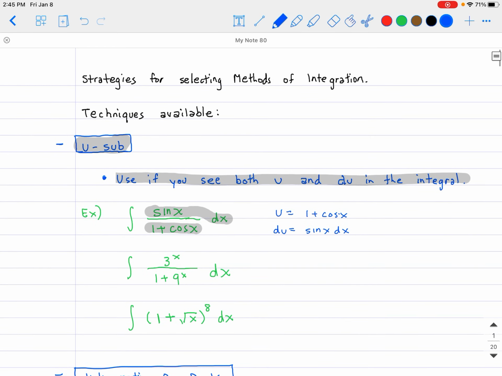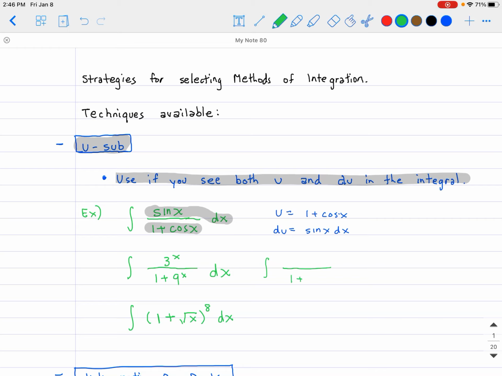Now for the second one, you'll notice that it doesn't really look like there's a u and a du. What I'm trying to say is that sometimes you might have to do a little bit of algebra to see the trick. If you look carefully, you'll notice that in the bottom part we have 1 plus 9 to the x.